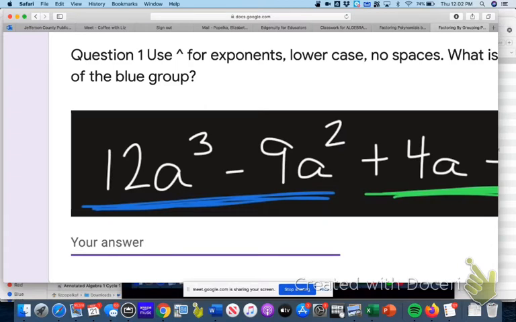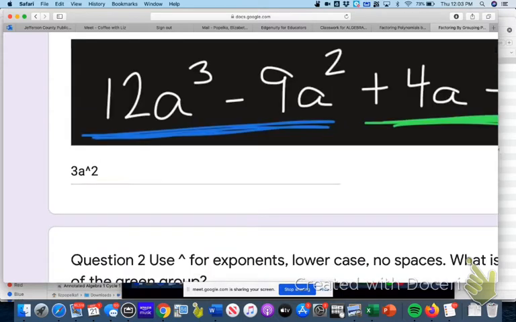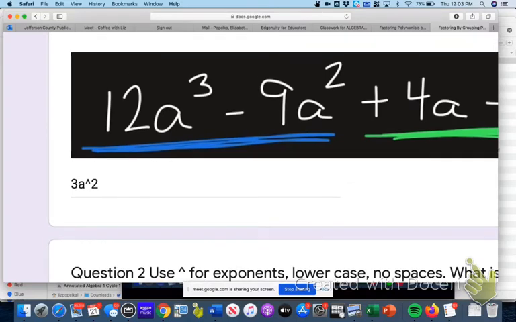So to do 3a to the second, we're just going to type 3 lowercase a, then hit that little, it's called a caret in case you care. So 3a to the second. And see how it's not yelling at me, keep trying, your brain's growing? That means that we found the right greatest common factor, well, you did. I didn't even have to help you with that. Okay, thank you. Oh my gosh, of course.